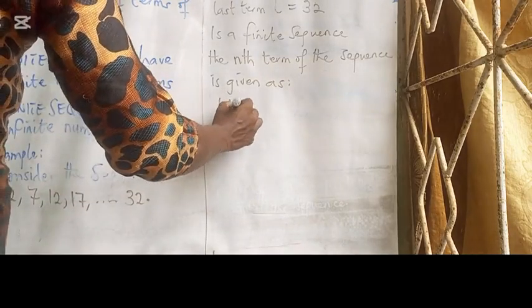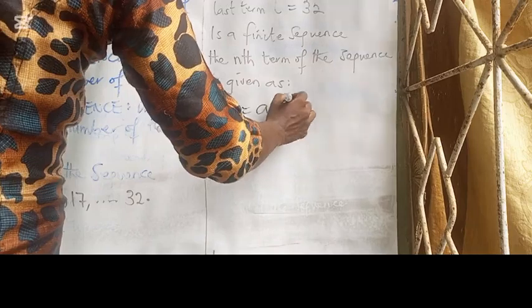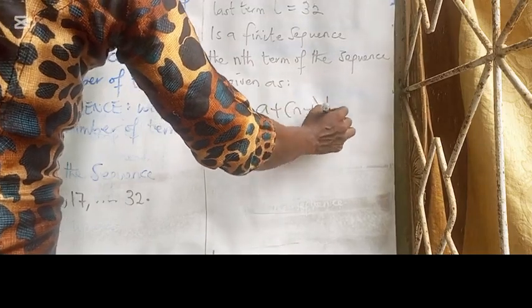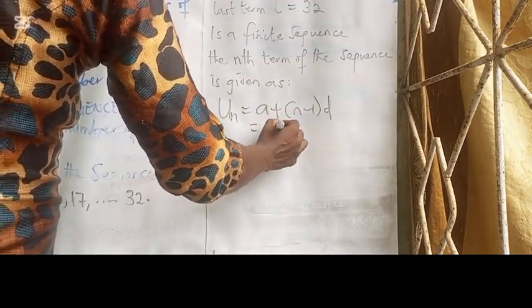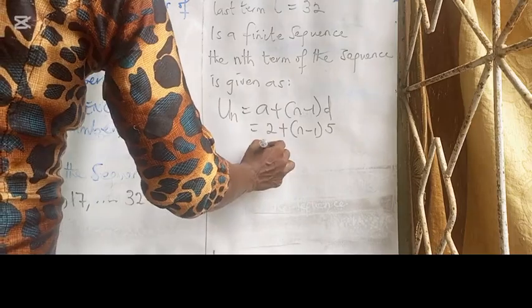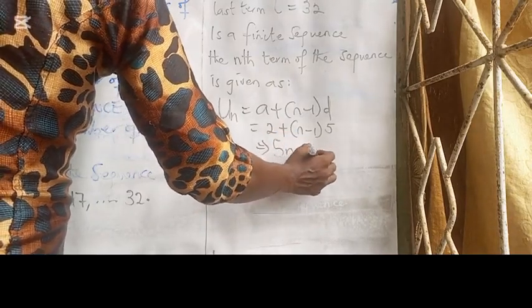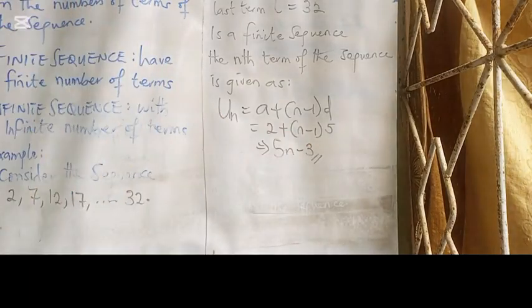So my nth term, Un, is given as a plus n minus 1 into d, and that is what? 2 plus n minus 1 into 5, and that gives us what? 5n minus 3. That's the nth term of the sequence. That is a finite sequence.